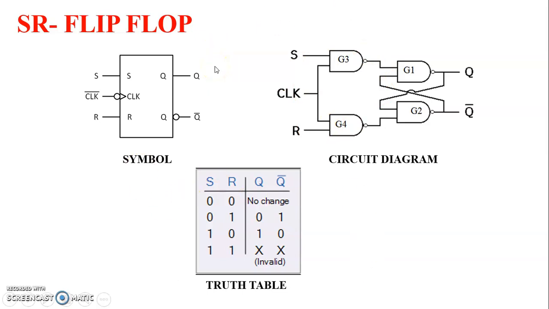Coming to the operation of the SR flip-flop, initially we assume that Q is equal to 0. Q bar is always the complement of Q. So if we assume Q is equal to 0, then Q bar is equal to 1. If no clock pulse is applied, irrespective of the two inputs S and R, the outputs of G3 and G4 are at the one state.